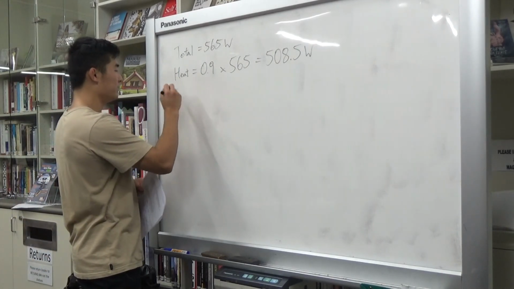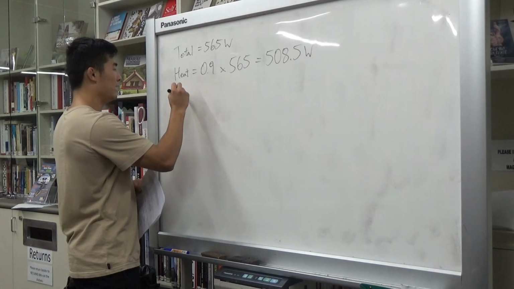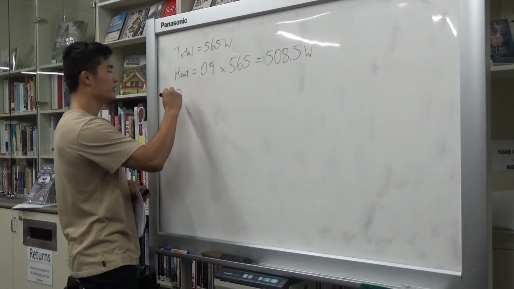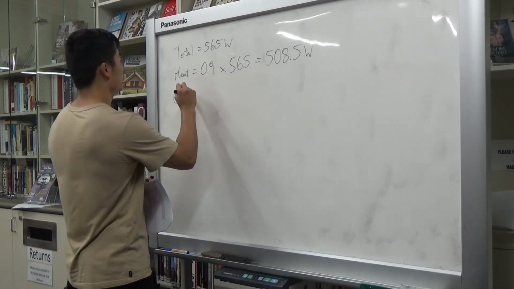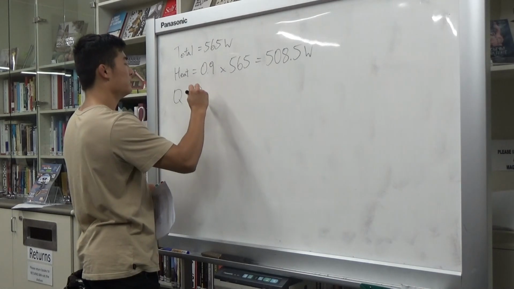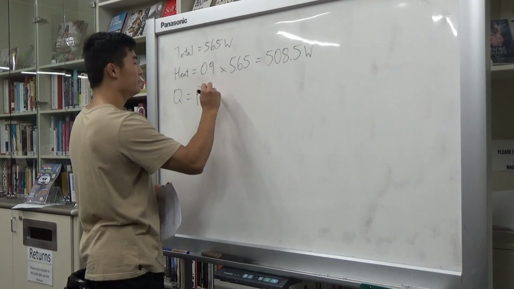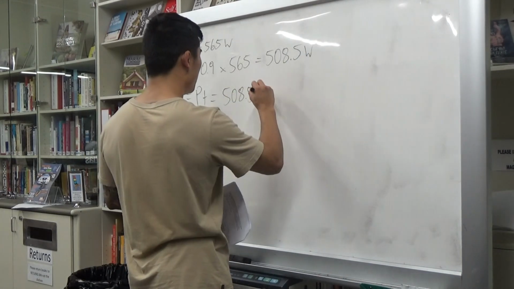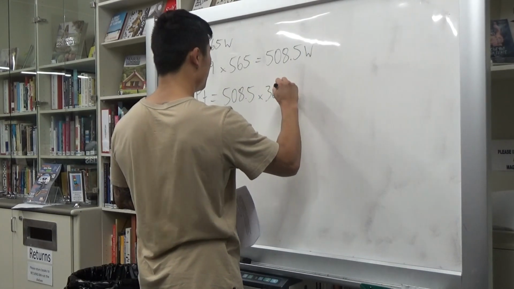So the total Q, which is heat energy, is going to be the rate, which is power, multiplied by the time. So that's 508.5 multiplied by 1 hour, which is 3,600 seconds.